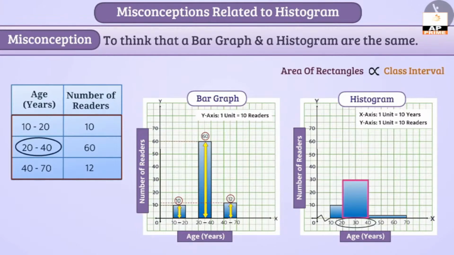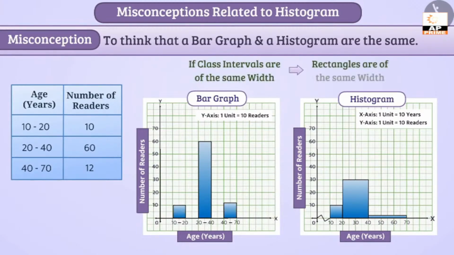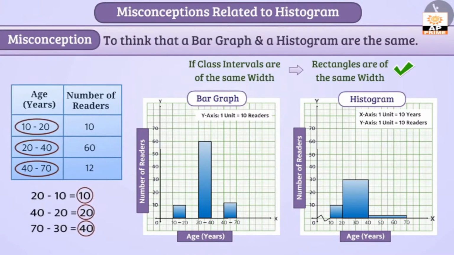That is, the frequencies are represented as the area of the rectangle and not the length of the rectangle. Similarly, the bars in the bar graphs are of the same width, while it is not necessary in the histogram. If the class intervals are of the same width, then the rectangles are the same width, but if the class intervals are not of the same width, then the rectangles are also not of the same width.